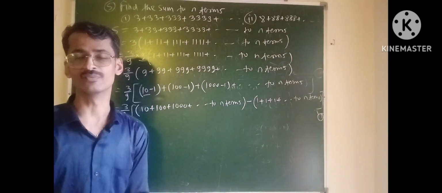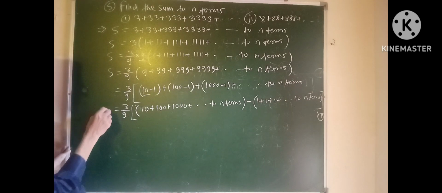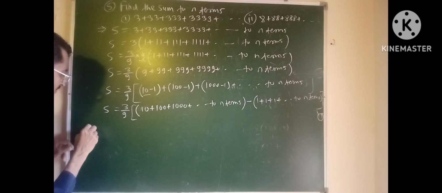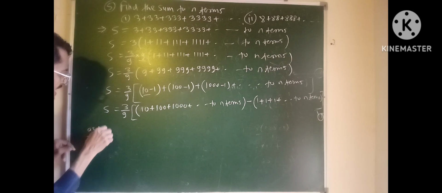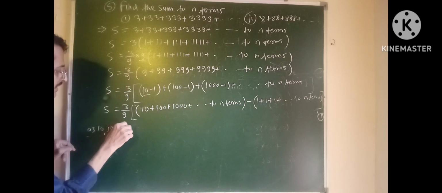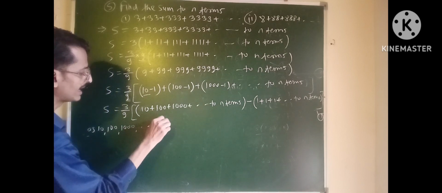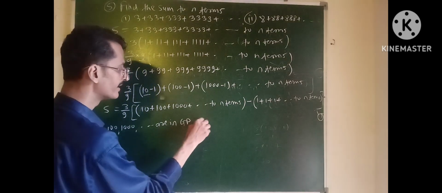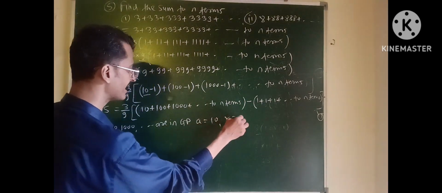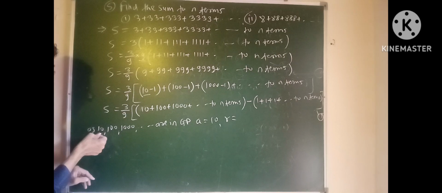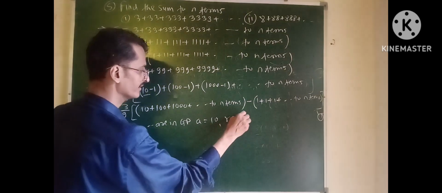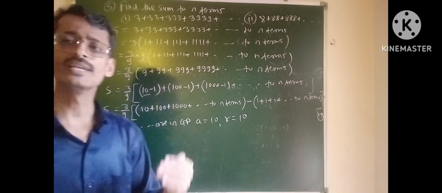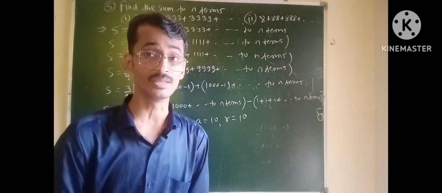For this sequence, as 10, 100, 1000 are in GP, with first term a equal to 10 and r equal to the second term divided by the first term, 100 upon 10 is 10. You can check that 1000 upon 100 is 10 too. So the common ratio is constant, and this is a GP.